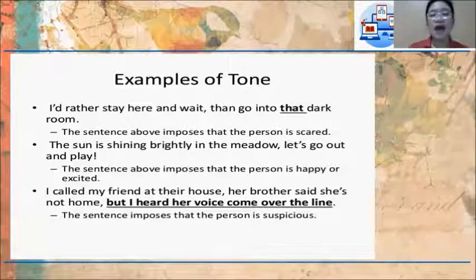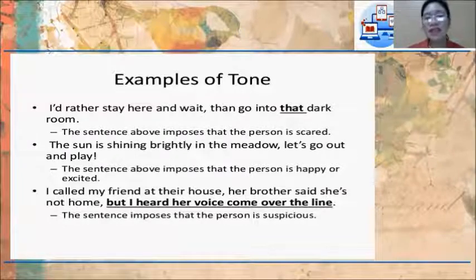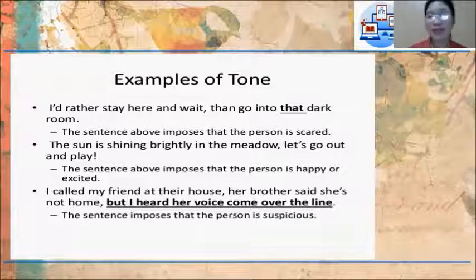"I'd rather stay here and wait than go into that dark room." So the sentence imposes that the person is scared in going to the dark room. Okay, "The sun is shining brightly in the meadow. Let's go out and play."